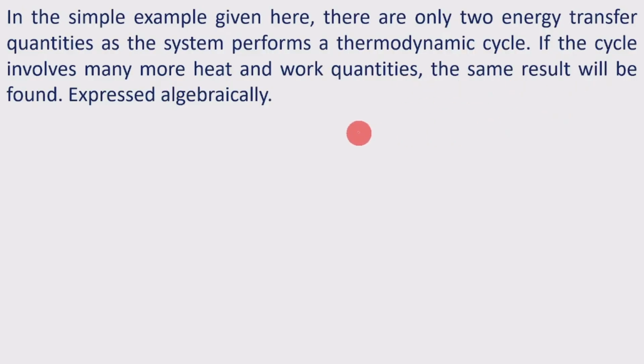The heat transfer is proportional to the work transfer. That is expressed algebraically: the summation of work for the cycle is proportional to the summation of heat for the cycle, and for that Joule's equivalent of heat, or Joule's constant, is taken as the proportionality constant.